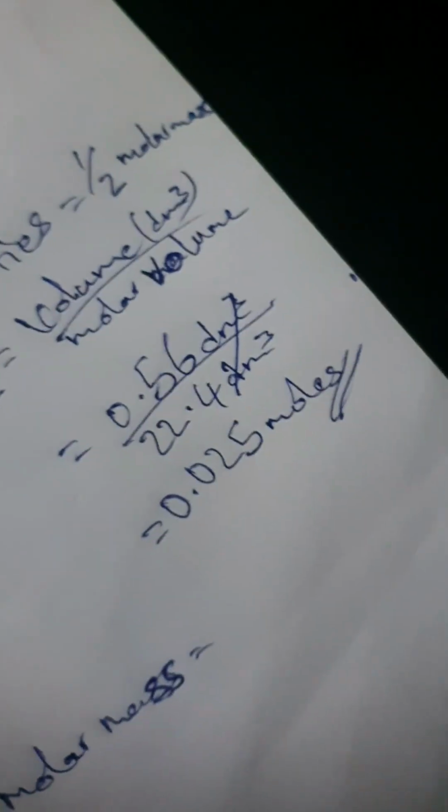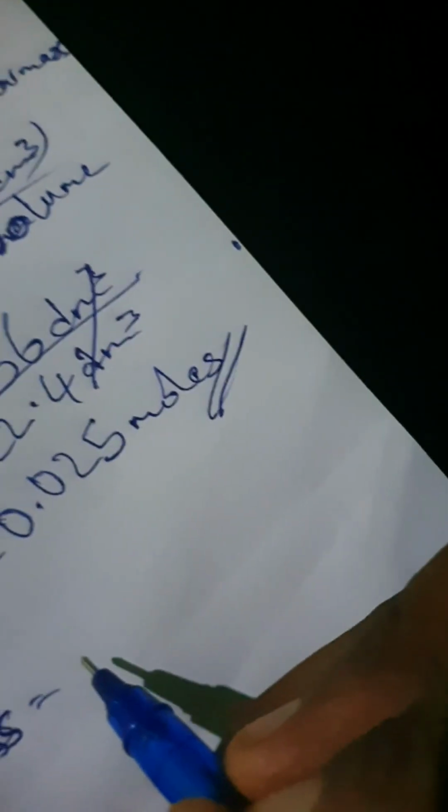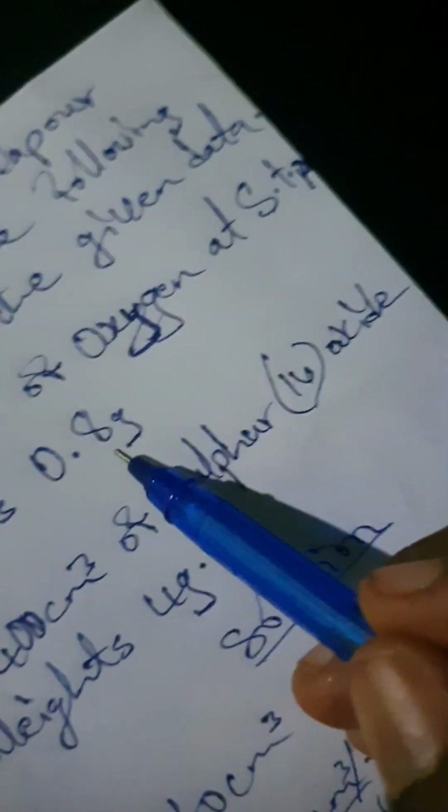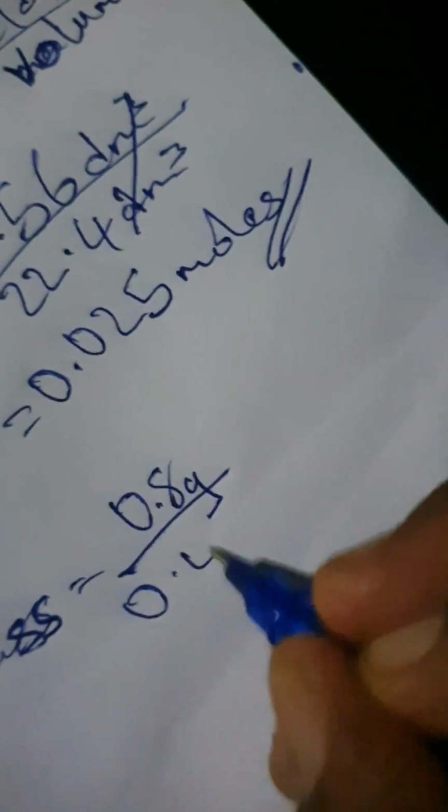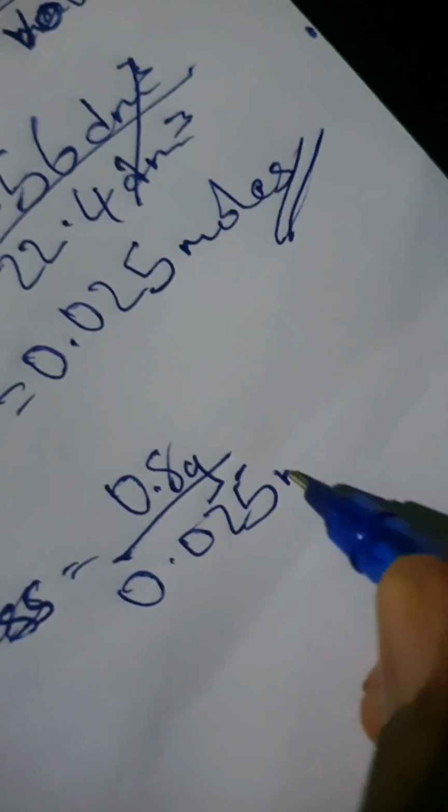Molar mass now is equal to the mass in gram they give us here, 0.8 gram, upon the mole which we have now, 0.025 moles. So let's divide: 0.8 divided by 0.025.